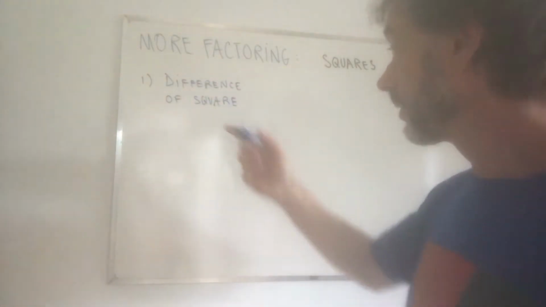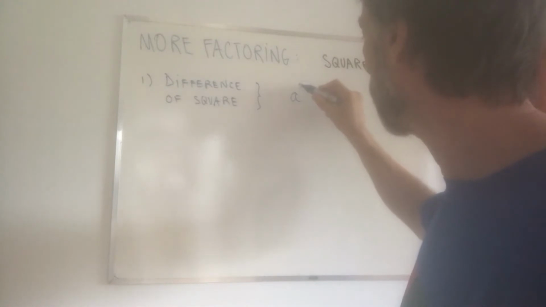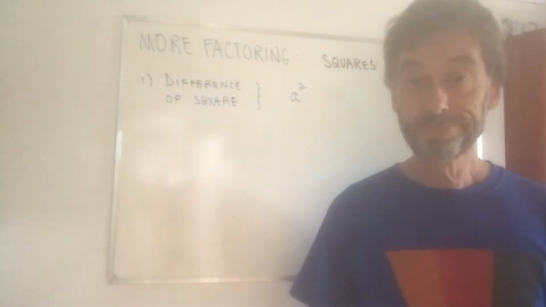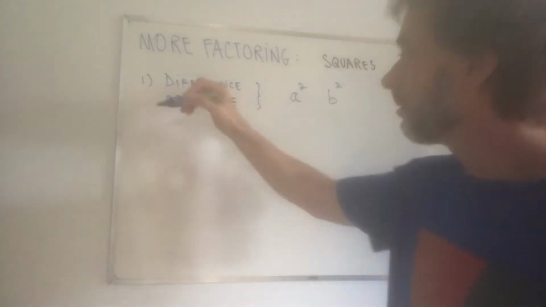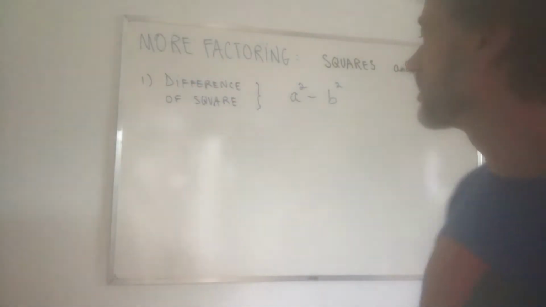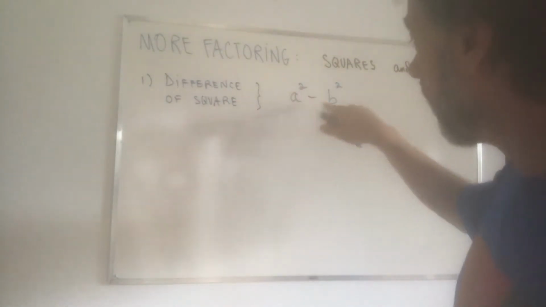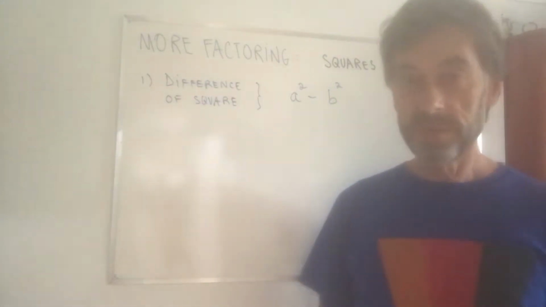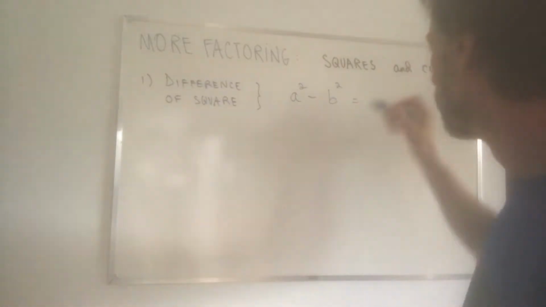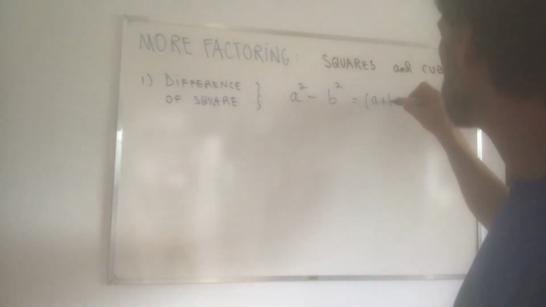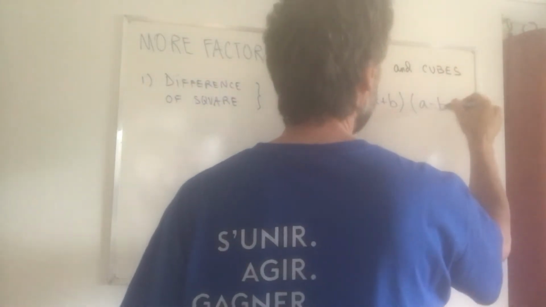Well, as the word suggests, this is something of the form something squared, let's say, minus something else squared, and the word difference suggests a subtraction between the two. Anything that looks like something squared minus something squared can be factored as, oh, you know this, right? Of course you do. It's a plus b times a minus b.